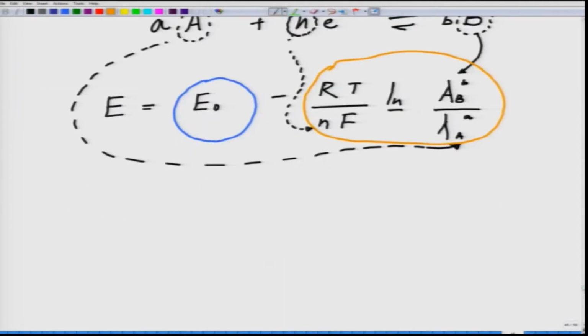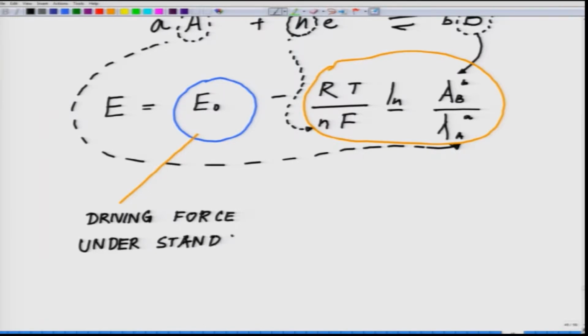The net driving force for a reaction, as we have said, is governed by the Nernst equation, and whose two terms include driving force under standard conditions. So, this is essentially the driving force under standard condition.